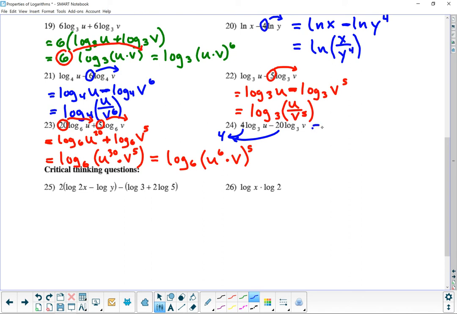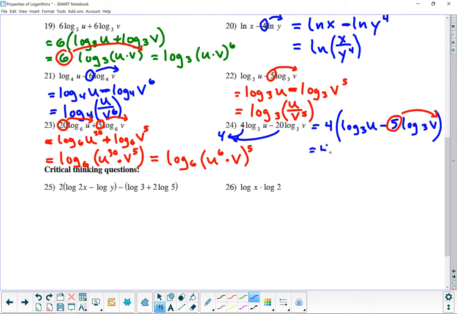So if we go that route, we'll have a 4 in the front, and then we'll have log base 3 of u minus, and if I factor 4 out of the 20, I'll be left with 5 times log base 3 of v. And then you might notice that this 5 in front of the log base 3 of v, I can bring that back as an exponent.